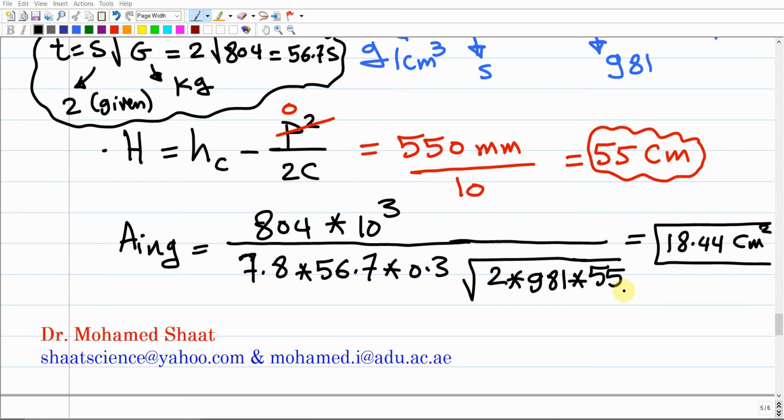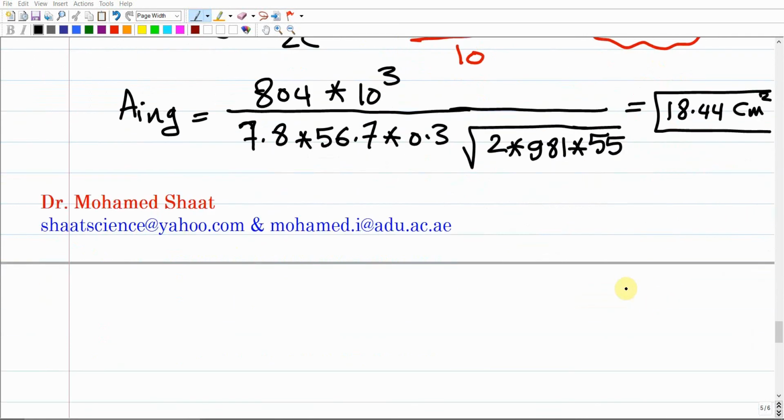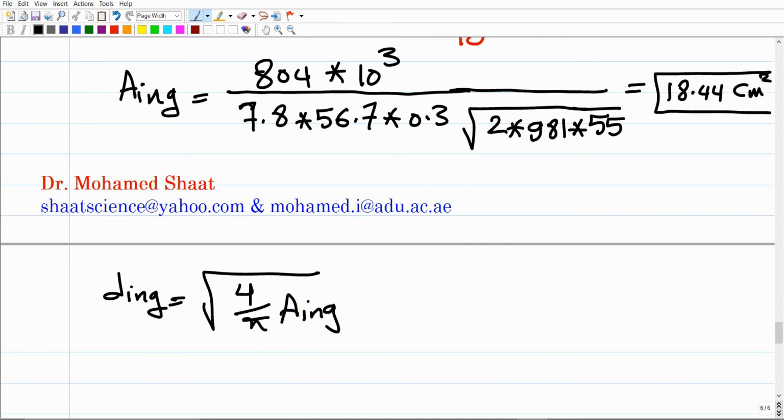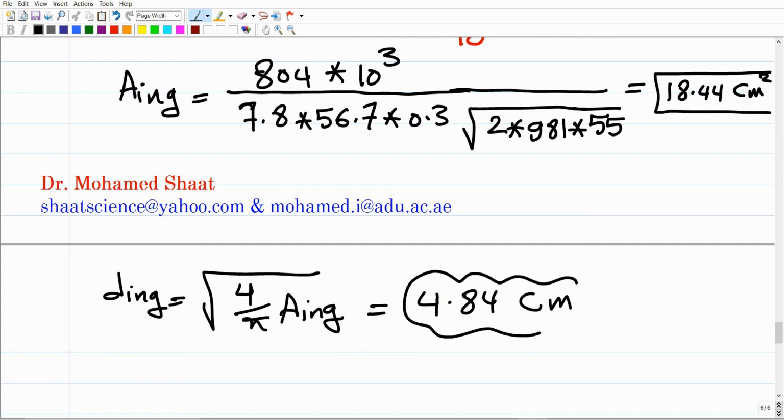Then, so we got the area, and the last thing that we have to do is to find the diameter of the ingot, how much it is. It should be the square root of 4 over pi times the ingot area that we just calculated. If you did the calculations, we're gonna end up with 4.84 centimeter as the diameter of the ingot. So if we use 4.84 or 4.85 even, it is acceptable for the diameter of the ingot.